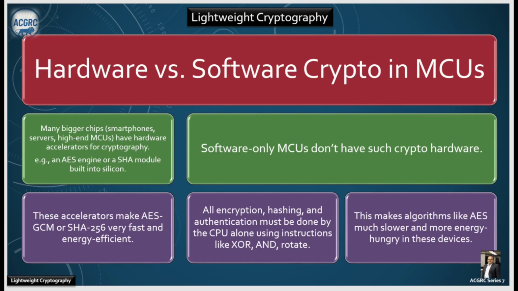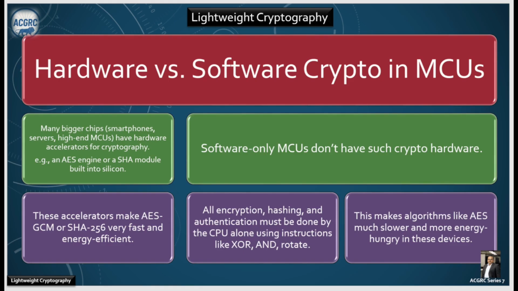So let's look at hardware and software cryptography in MCUs. Many bigger chips have hardware accelerators for cryptography, for example, an AES engine or SHA module built into the silicon. These accelerators make AES-GCM or SHA very fast and energy efficient.